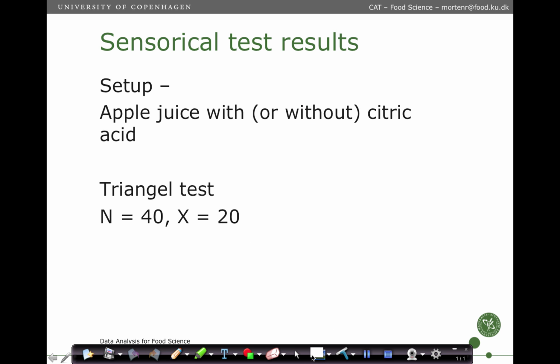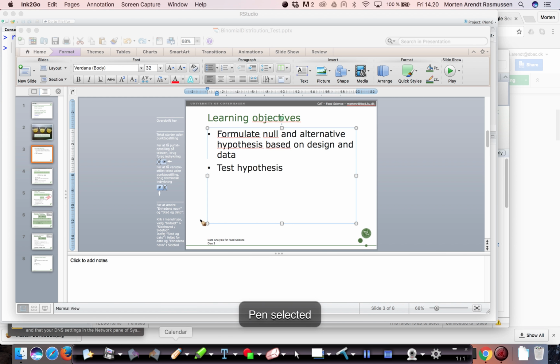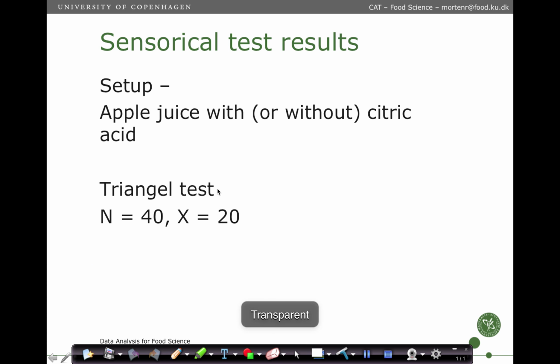I have a test here. It's a triangle test where we have 40 judges, and each of them is presented with 3 glasses, 2 of them with a similar type of product and 1 of them deviating.